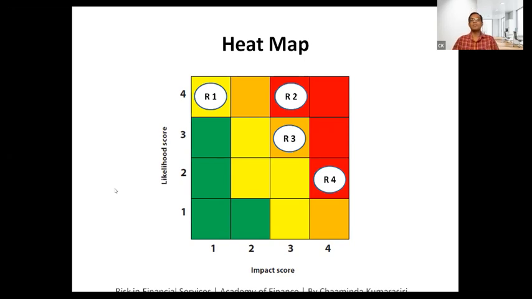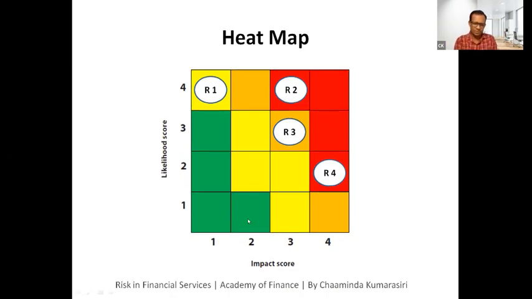So when you have a color coding, that color coding implies the different levels of risk. Green, yellow, amber, red. Green could be low risk, yellow could be low, amber could be medium, red could be high, whatever.